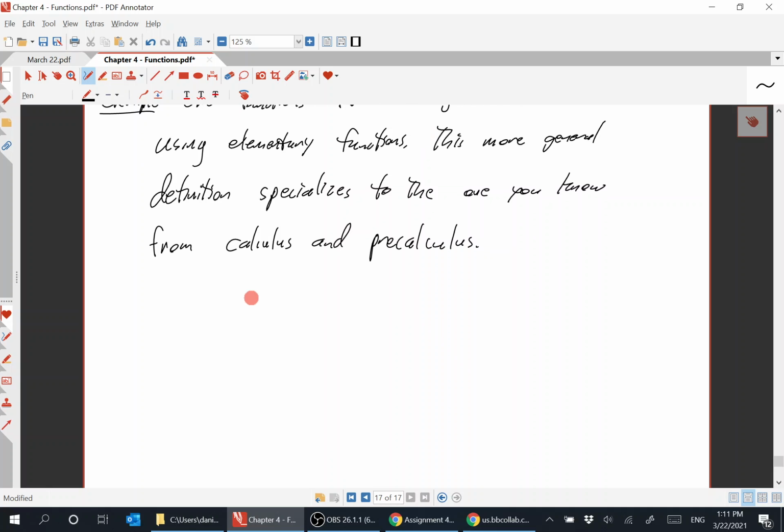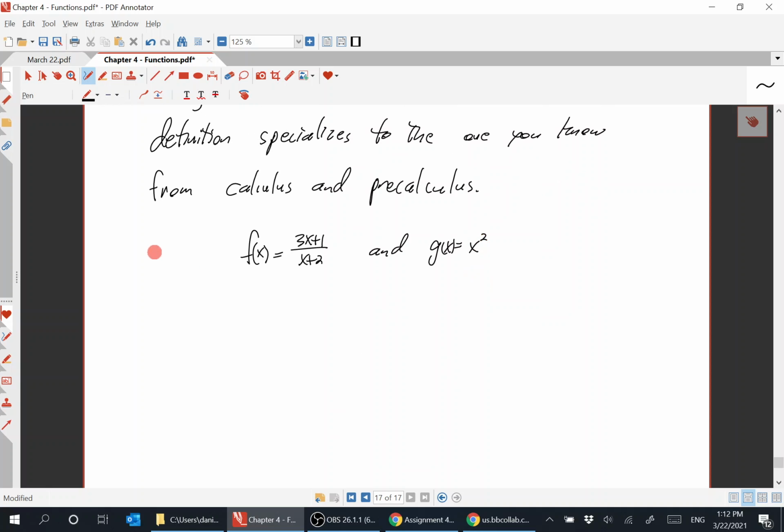So, for example, if we had that f of x is equal to 3x plus 1 over x plus 2, and it's not defined over the whole reals, of course. You're going to be missing x equal to -2, so leave out -2. And g of x equal to, what shall we say, x squared.